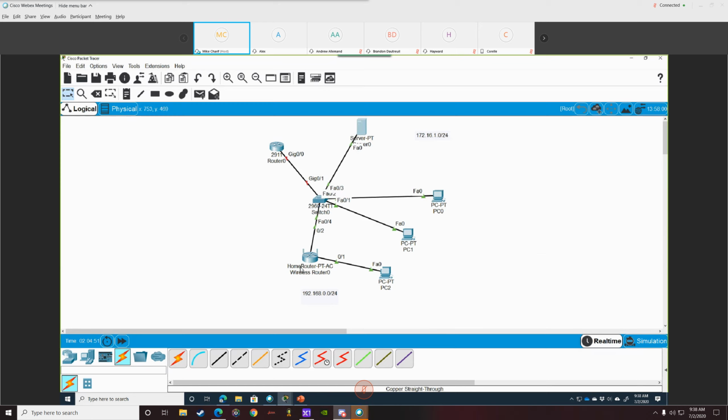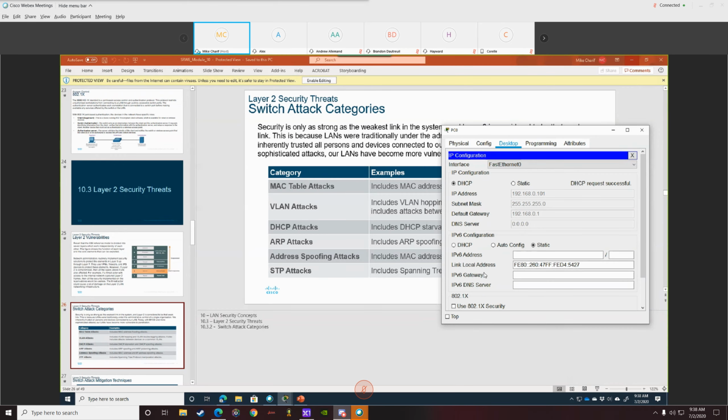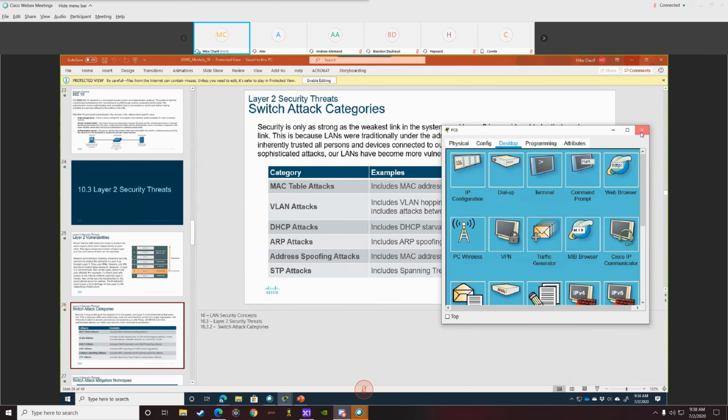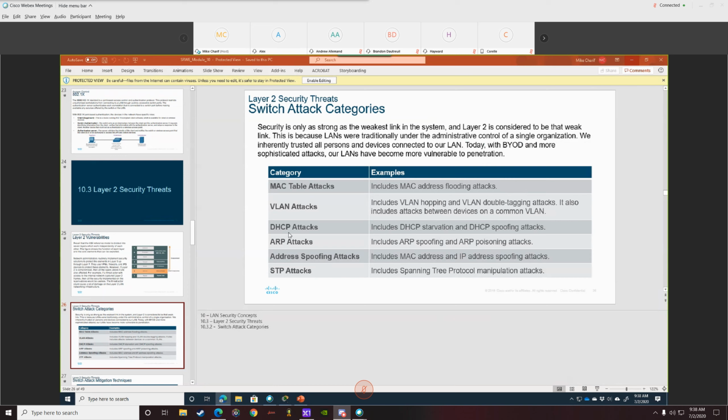If the DHCP traffic is coming from this port, then we're going to block it. You follow? That's how to prevent the DHCP attacks.